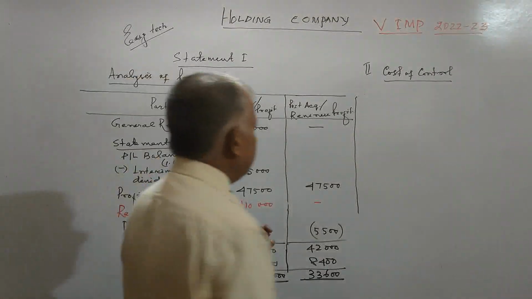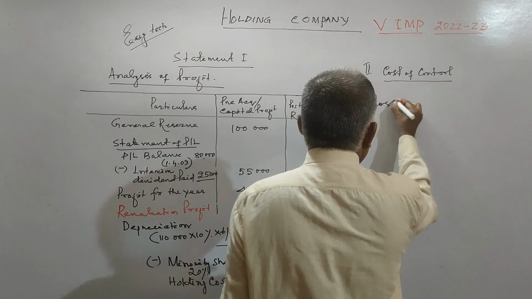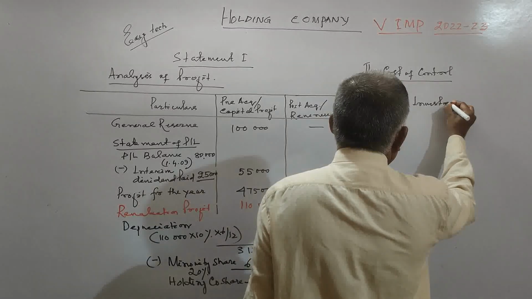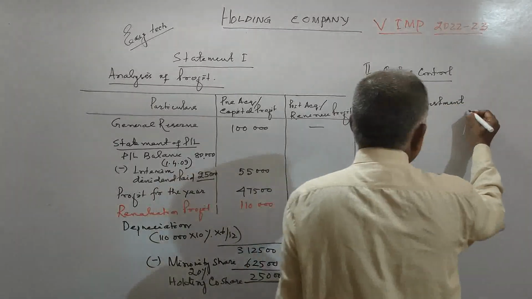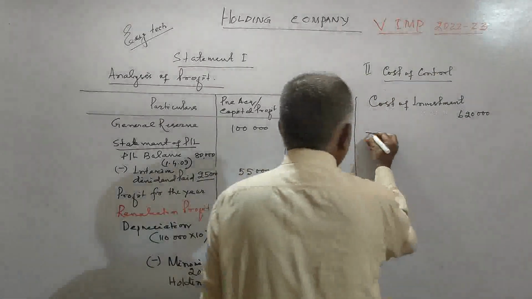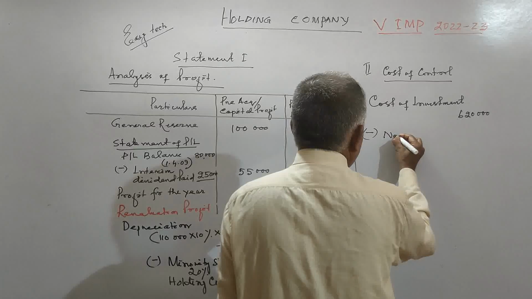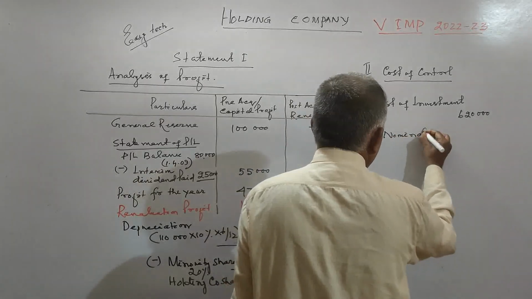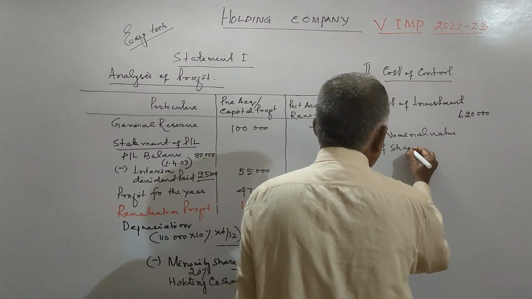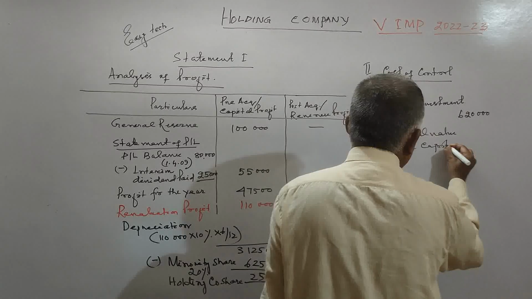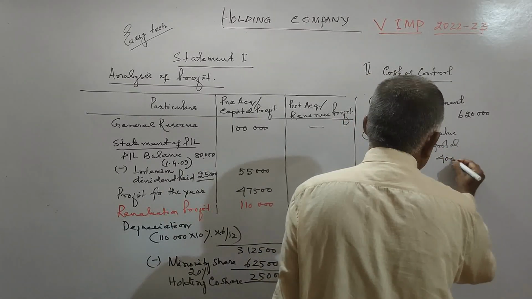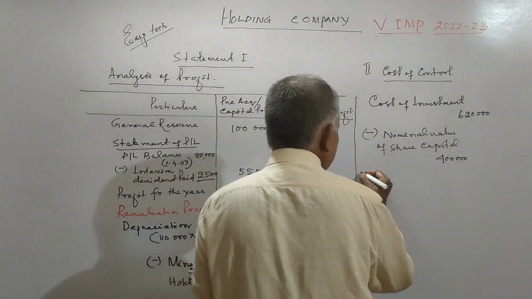So cost of investment is your 6,20,000 minus nominal value of share capital. The share capital is 4 lakhs. I am writing in the inner column.